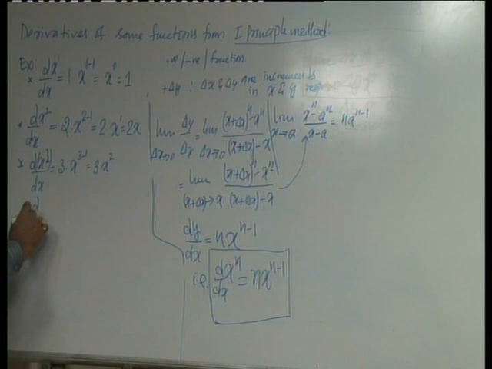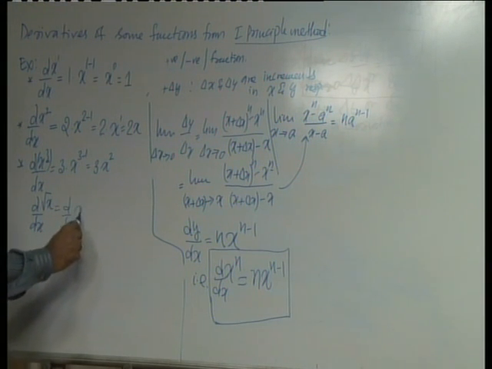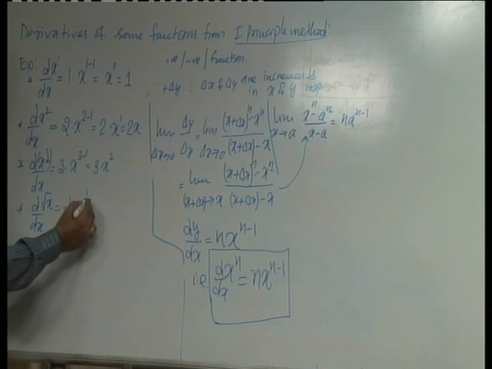Differentiation of root x. We can take root x in the power form, that is d by dx of x to the power of half. Here what is n? n is a fraction, that is half.